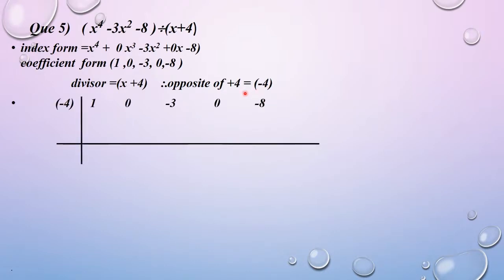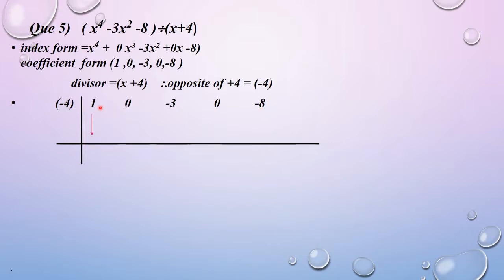The coefficient form is 1, 0, minus 3, 0 and minus 8. Here the divisor is x plus 4. Therefore, opposite of plus 4 is minus 4, which will be written outside the vertical line, and the coefficient form of the dividend will be written inside the line.